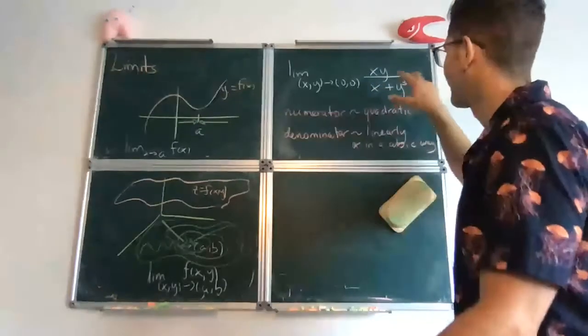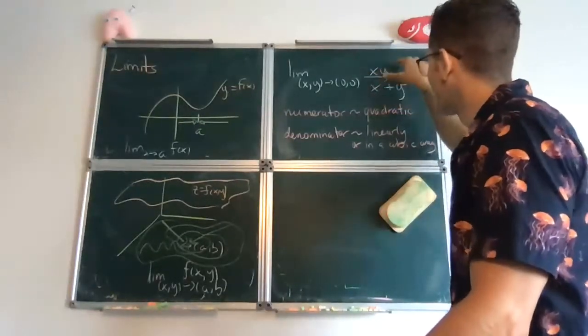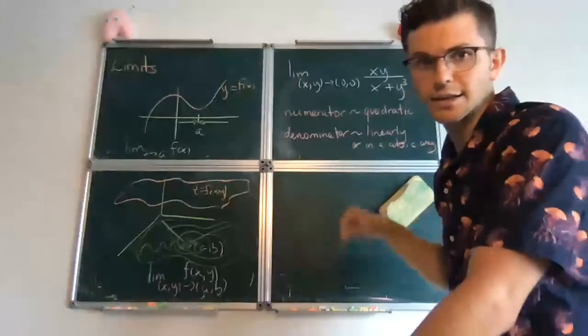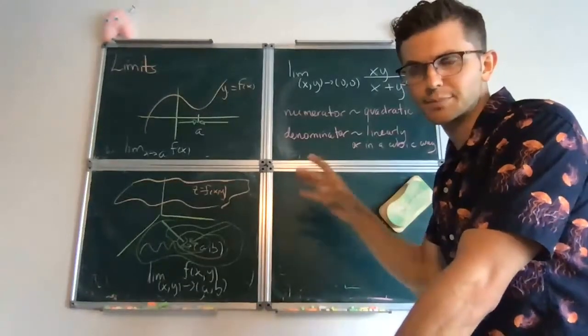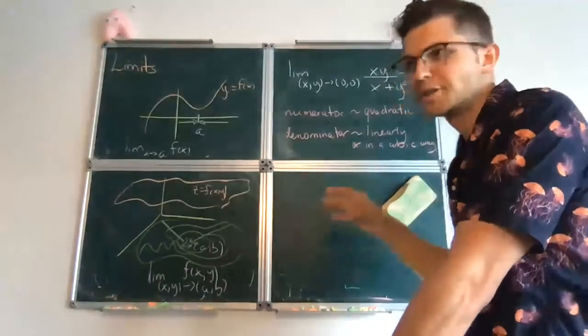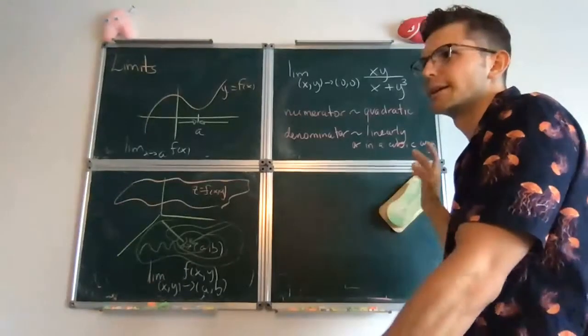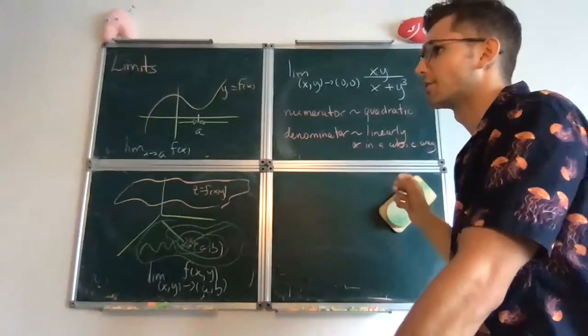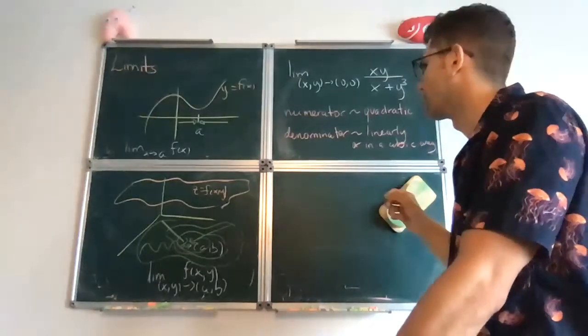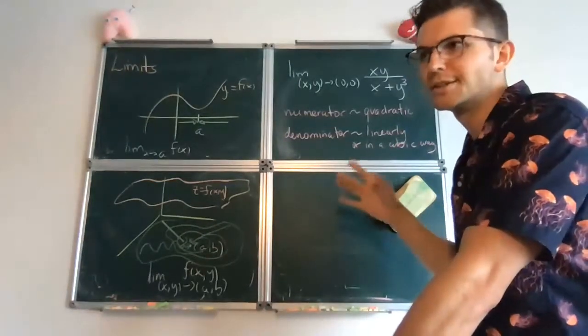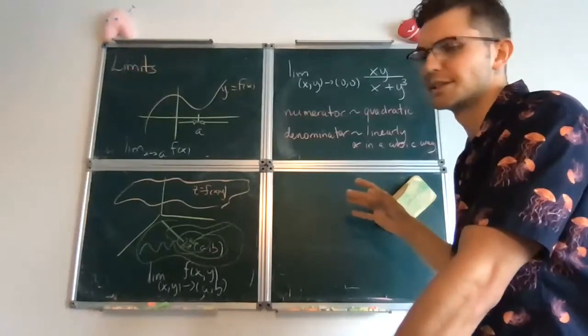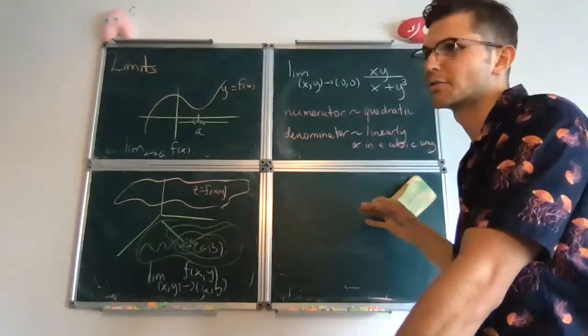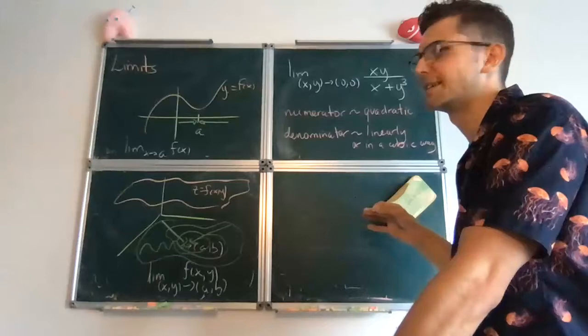On the other hand, if you divide something quadratic by something cubic, you get units of 1 over length, and as the length goes to 0, you expect that to explode. So there seem to be situations where you might expect this limit to go to 0, and others where you expect it to blow up. Based on that, you might think the limit does not exist, and that's what we're going to try to investigate.